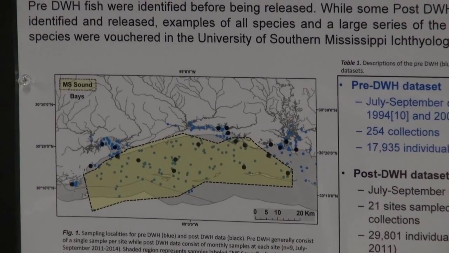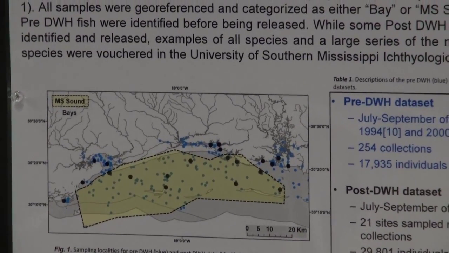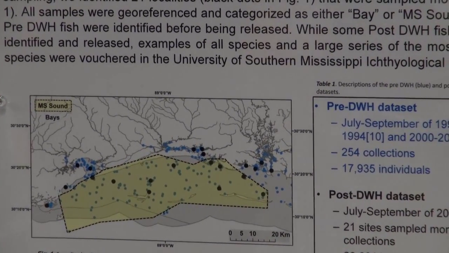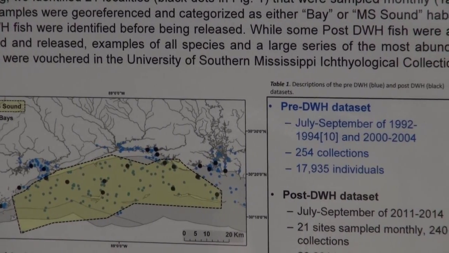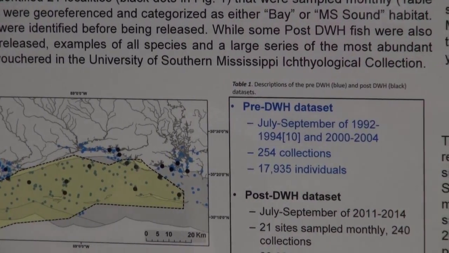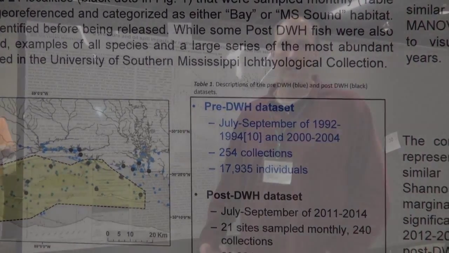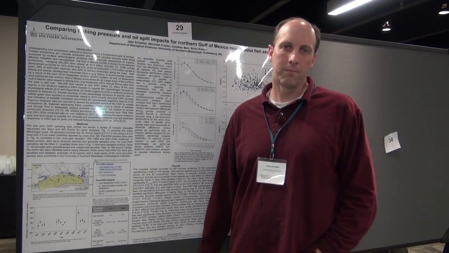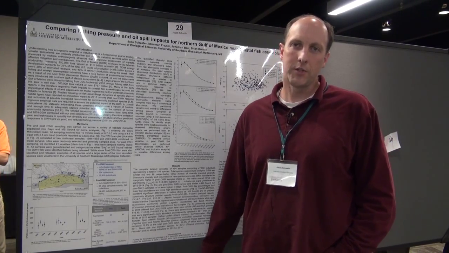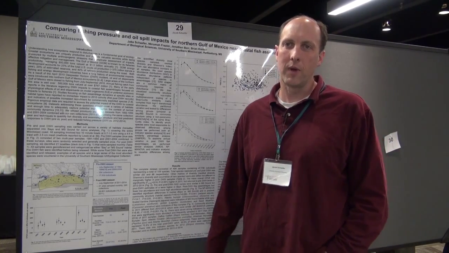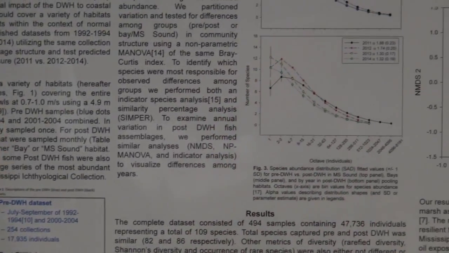So at the most fundamental level, we're asking how fish assemblages changed in response to the oil spill. So things as simple as what species are present, what kinds of abundance patterns do we see, levels of biodiversity. The public generally recognizes the value of fisheries, and so this is a simple metric of the health of the fisheries pre and post oil spill.